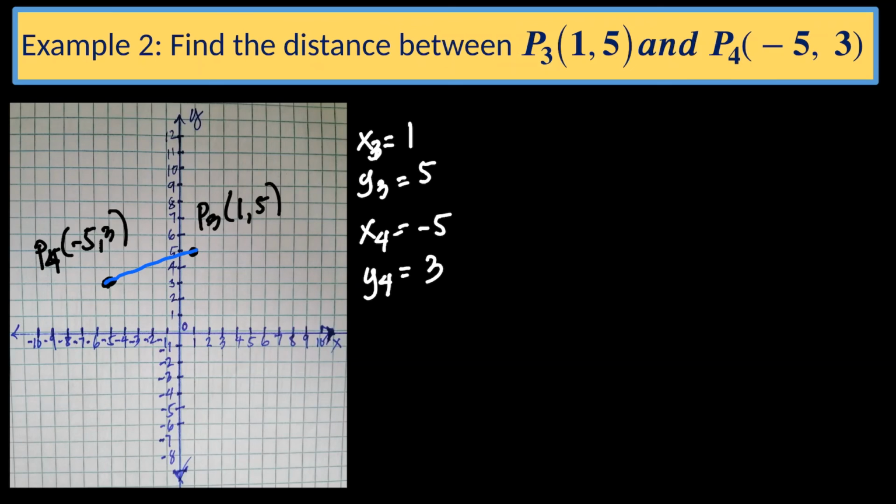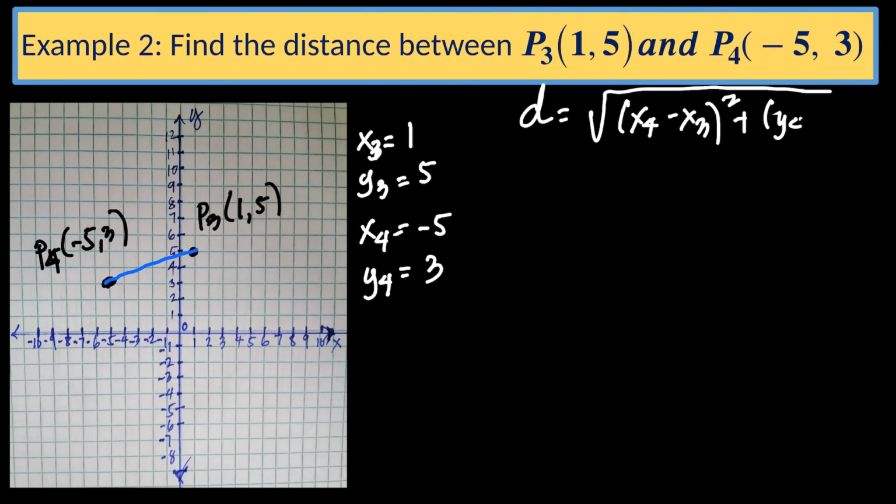And so substituting into the formula, instead of x sub 1 and x sub 2, we're going to use x sub 3 and x sub 4. So we can have x sub 4 minus x sub 3 squared plus y sub 4 minus y sub 3 squared.